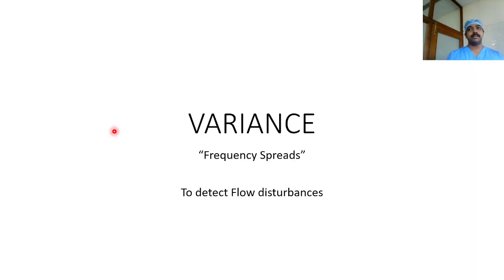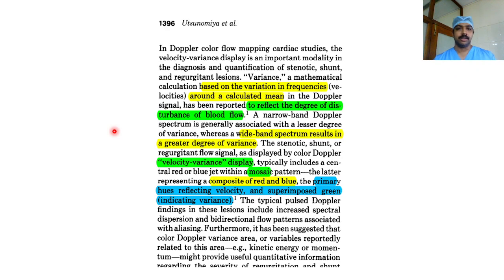Next is variance. Variance is another option which we see. I have not understood this concept exactly, but it is like the frequency spread. If we put the variance, it will detect flow disturbance, it seems. Variance is a mathematical calculation based on the variation in frequency around a calculated mean to reflect the degree of disturbance of blood flow.